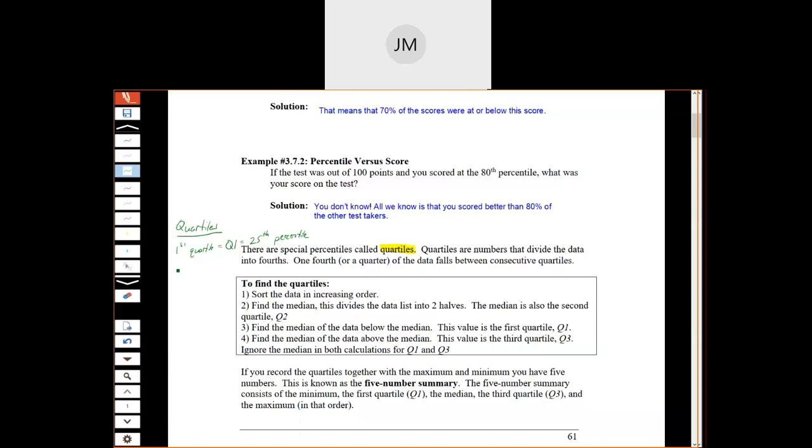The second quartile is Q2, which is also the median, which is also the 50th percentile. The third quartile, we'll often just write as Q3 for short, is the 75th percentile.